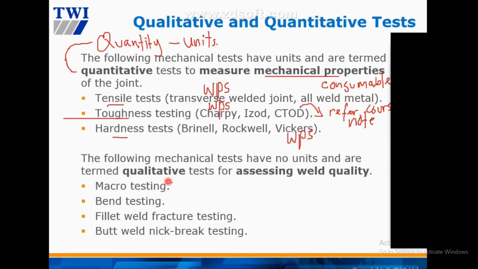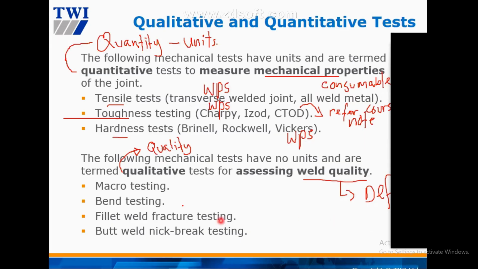Another mechanical test is qualitative, from the word quality. What is the purpose of qualitative? Assessing weld quality. Assessing weld quality basically refers to finding defects only. You're looking for defects only. So that's the purpose of qualitative.